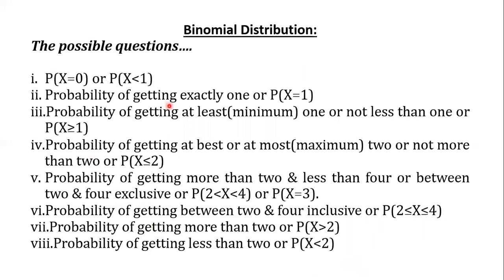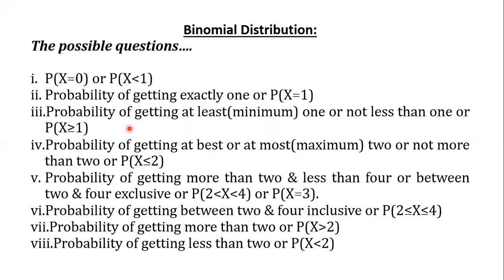Dear cadets, here are some possible questions of binomial distribution. Roman 1, P(X = 0) or P(X < 1). Roman 2, probability of getting exactly 1, or P(X = 1).